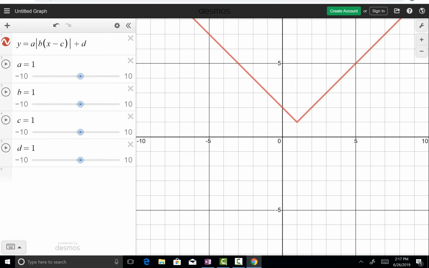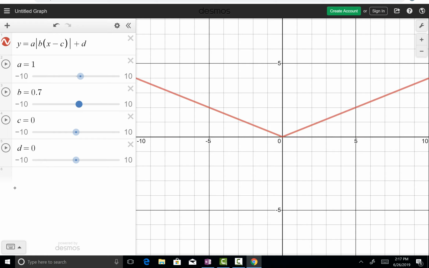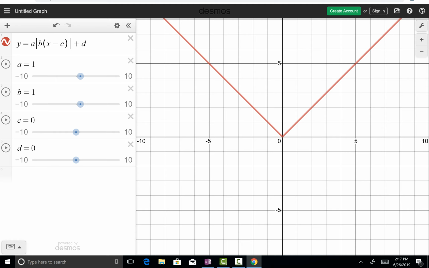So what I want you to do is adjust b so that it's 0, c so that it's 0, and d so that it's 0. Oh, sorry, b is 1. There we go. So there's my absolute value function right there, nice V shape.